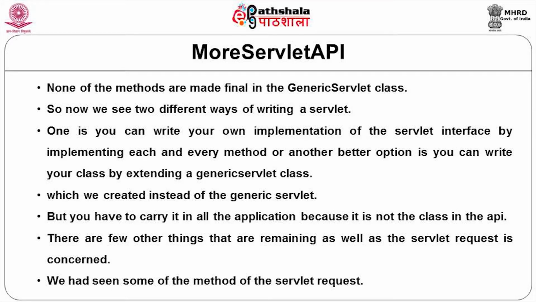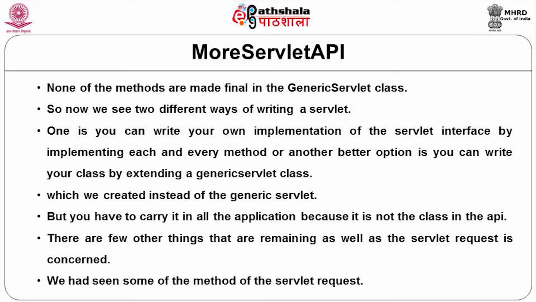Now we see two different ways of writing a servlet. What are the two ways? One is you could write your own implementation of the Servlet interface by implementing each and every method. Or another option, which is a better option, is to write your class by extending from the GenericServlet class. GenericServlet is from the API, but if you feel better, you could use that base servlet which we created instead of the GenericServlet.